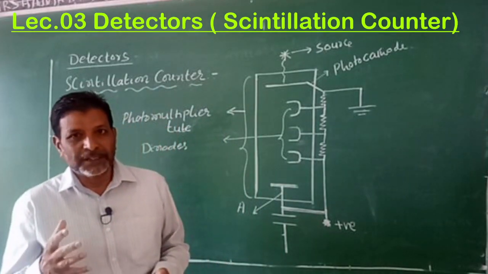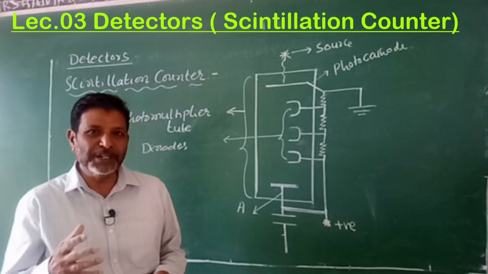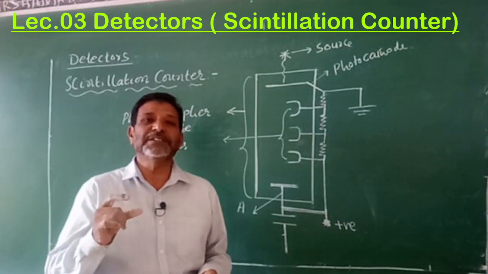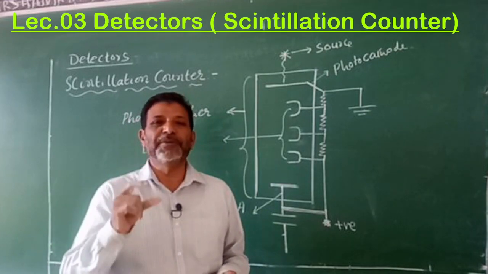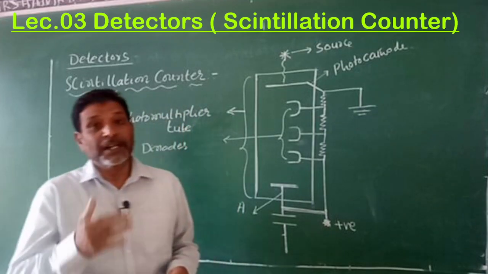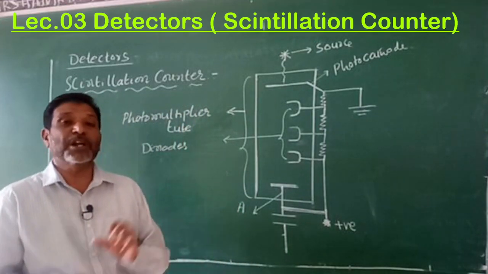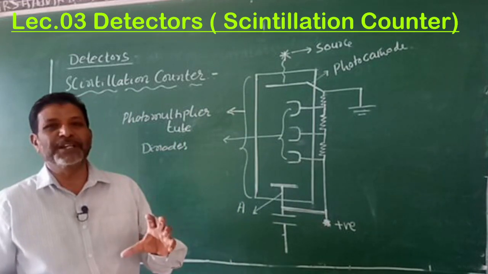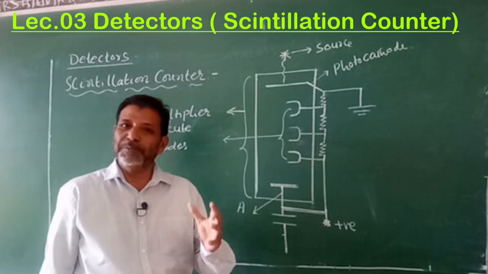Once again, detectors are the devices used to determine how many particles are emitted in a given time by a radioactive material, isn't it? And here, let us try to understand how we can find the number of particles emitted in a given time by a radioactive material.